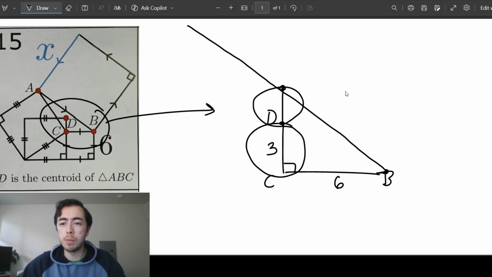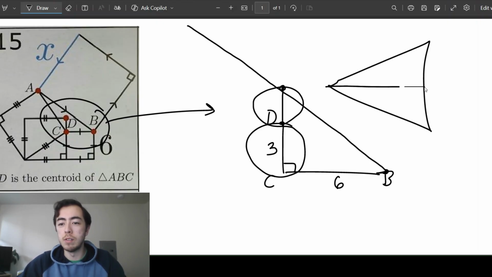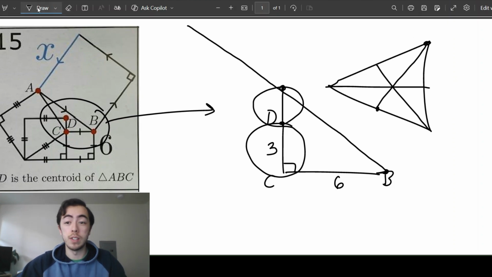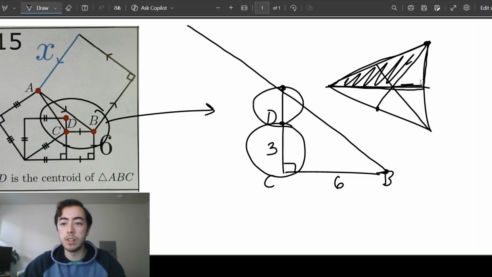The quick proof is if I just draw any normal triangle here, I'm connecting the vertex to the opposite point. That splits the triangle in half. And so overall, I've split the triangle into 6 equal parts because there's half and then another half and then another half. If we study this triangle right here, knowing that all three triangles have the same area, we can see this triangle here has twice the area of this one.